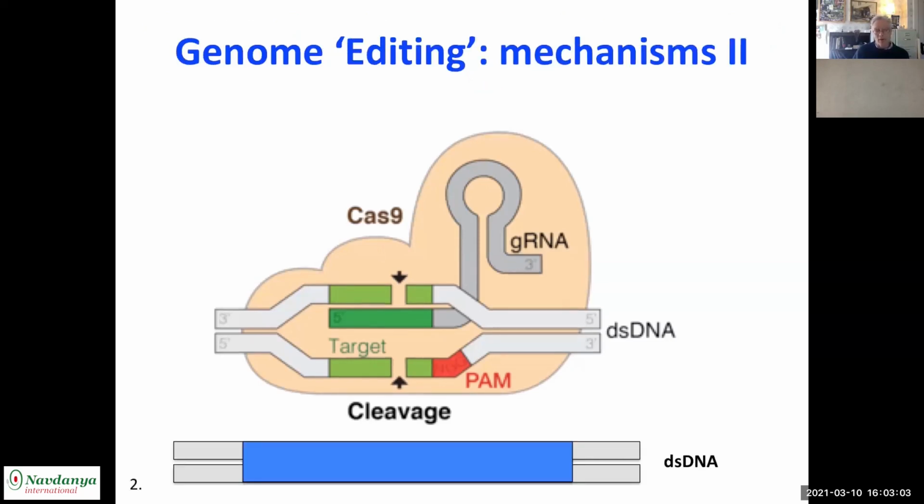So one variant of this method is that the researcher can supply their own DNA, which the cell can use to repair the cut. What the researcher would then do is basically do the gene editing process, but select for repairs that use the double-stranded DNA that they themselves have supplied.